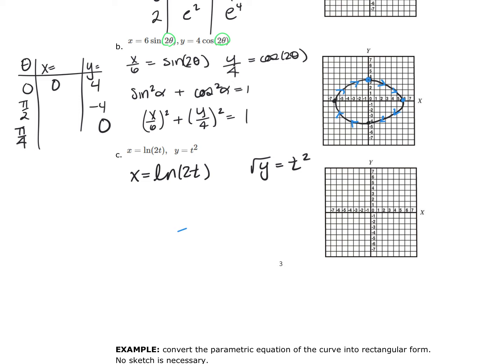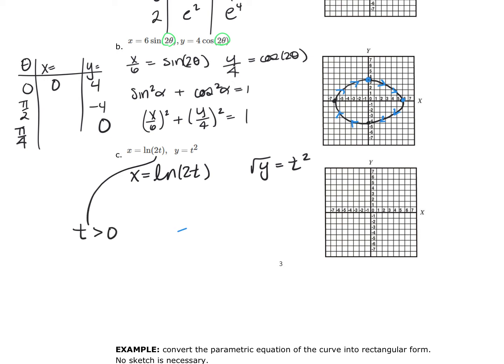Now, I don't have to really worry about the plus and minus part, because my t here, I can't put in negative numbers. And in fact, not only can I not put in negative numbers, I can't even put in 0 here. I can't take the natural log of 0, and I can't take the natural log of a negative number. So I know, without doing any work, this part right here tells me that t must be greater than 0 to begin with.